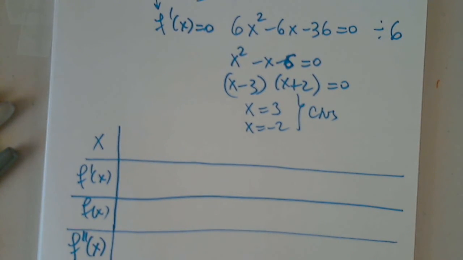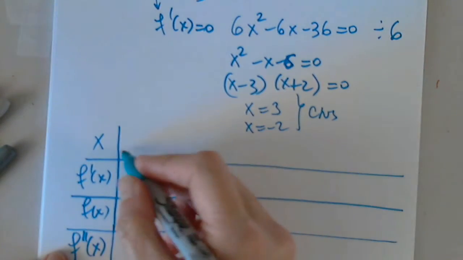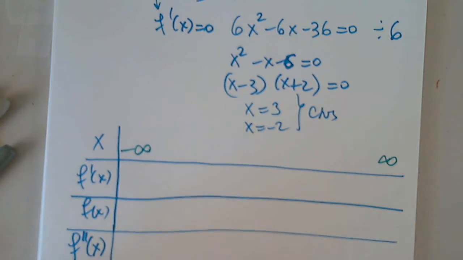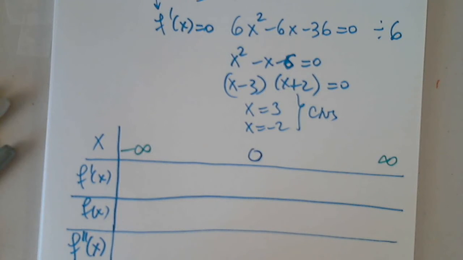Okay, so we'll continue by finding the domain. I know the domain is all real numbers. It's a cubic function, a polynomial function. There is no discussion there. 0 must be in the table anytime, even if the function is undefined at 0.